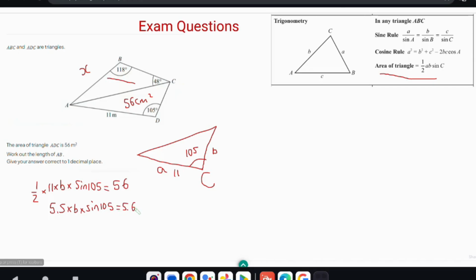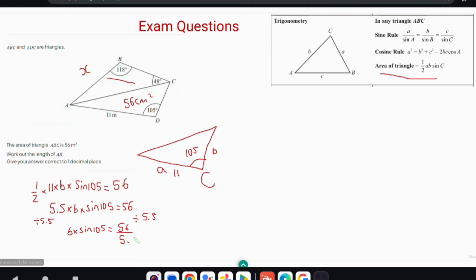I'm going to divide both sides by 5.5, which gives us B times sine 105 is equal to, I'm just going to leave it as a fraction, I think.